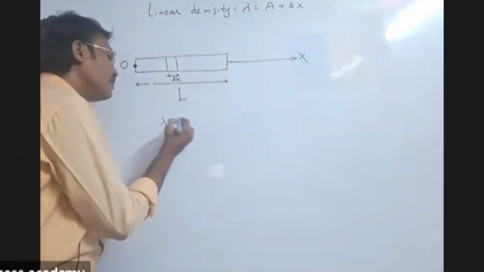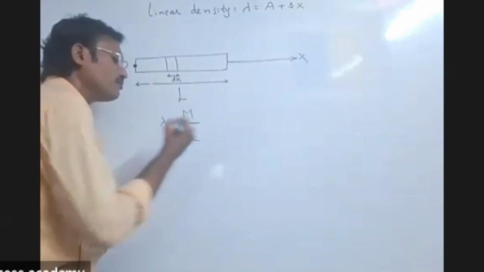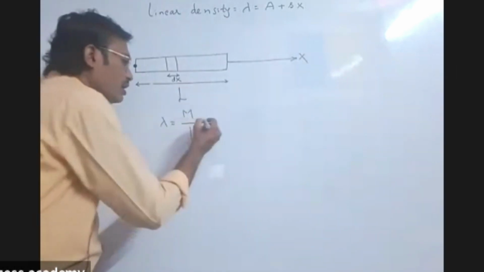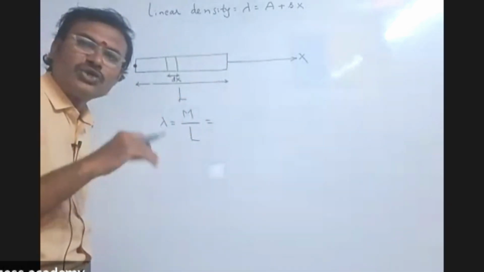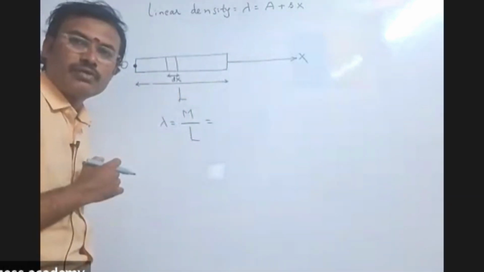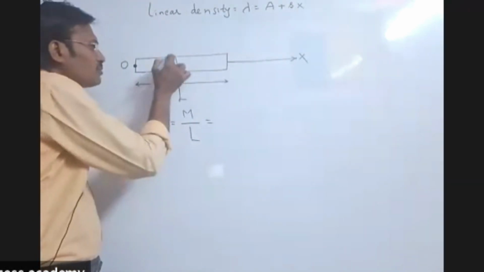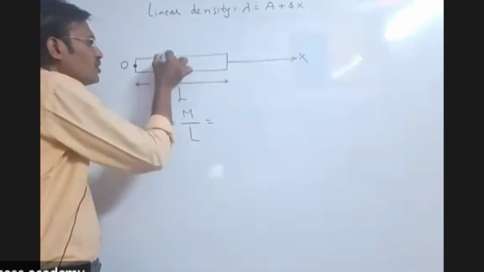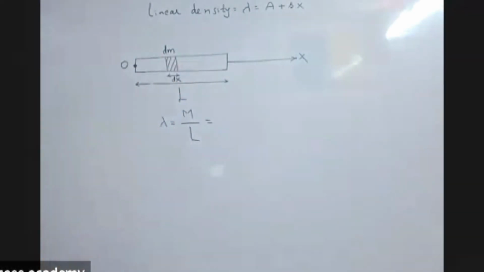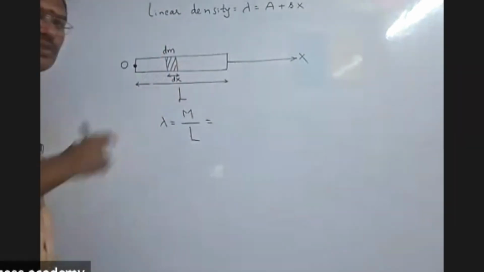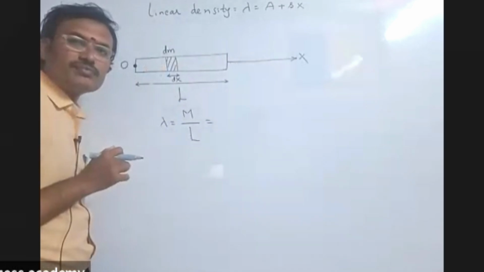As you know very well, lambda is equal to mass per length, which I said previously. If I consider the small length dx, what is the amount of mass? The small distribution of mass is considered, which is nothing but dm.